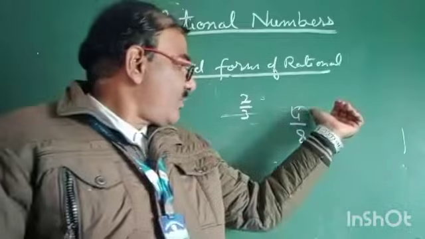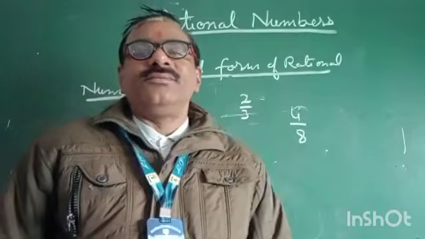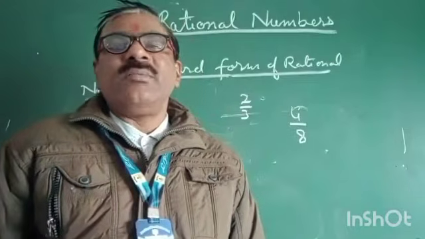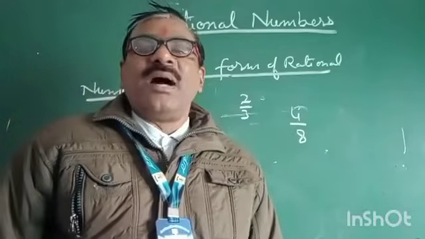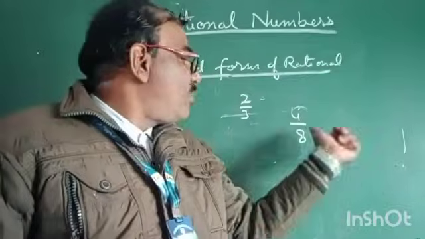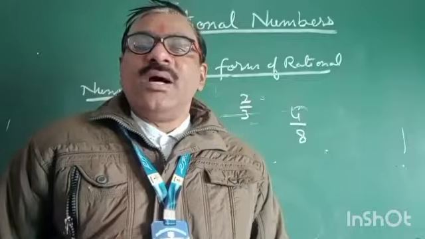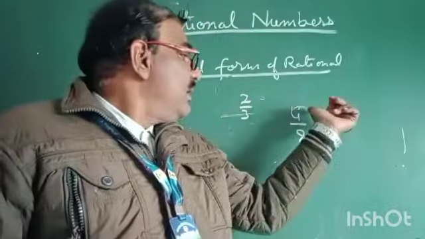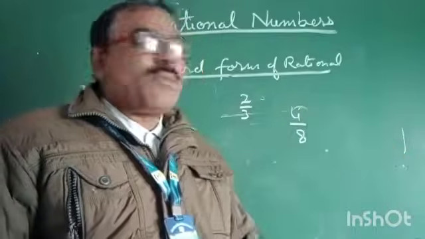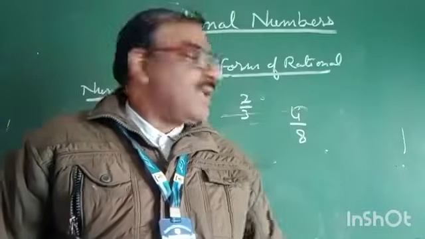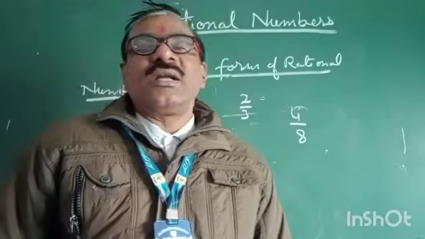This 4 upon 8 is a number, but it is not standard form, because the HCF of 4 and 8 is not 1. Here the HCF of 4 and 8 is 4, so 4 upon 8 is not standard form of rational number.